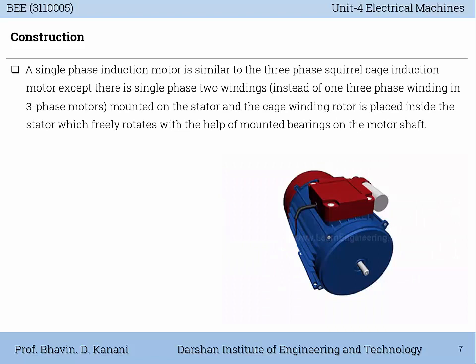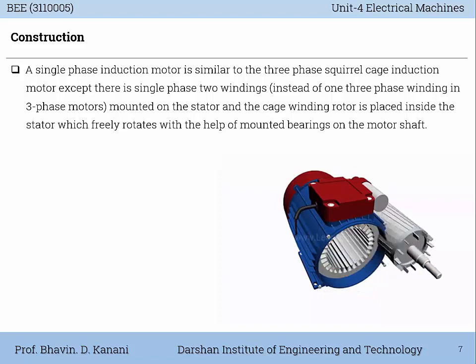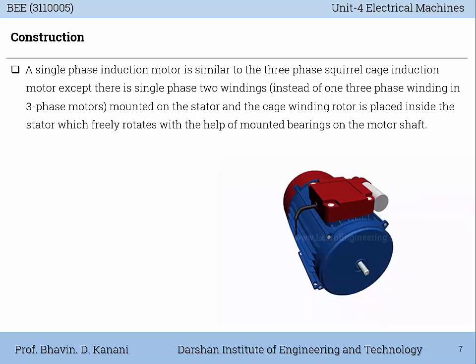A single phase induction motor is similar to the 3-phase squirrel cage induction motor, except there is a single phase winding mounted on the stator, and a cage winding rotor is placed inside the stator, which freely rotates with the help of mounted bearings on the motor shaft.